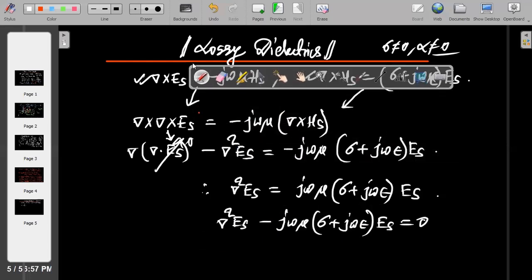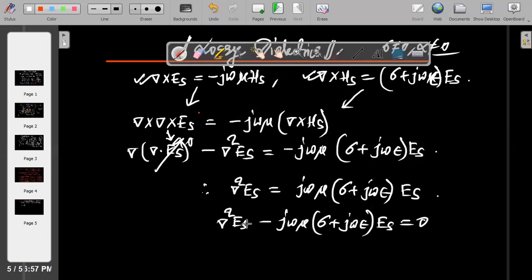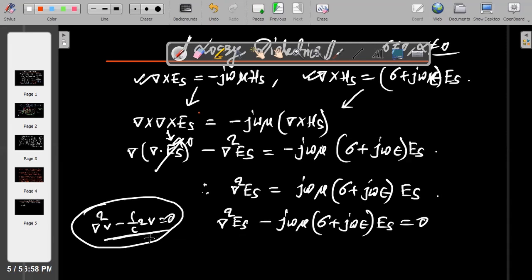Now, you just recall what I told in plane wave equations and all, correct? There also we have formed del square V minus 1 by c square, something I told, equals 0. So this is about your plane wave. Similarly, this is actually the wave equation or Helmholtz equation.